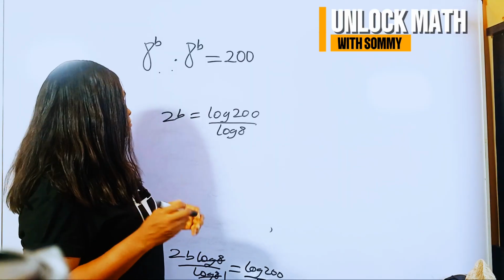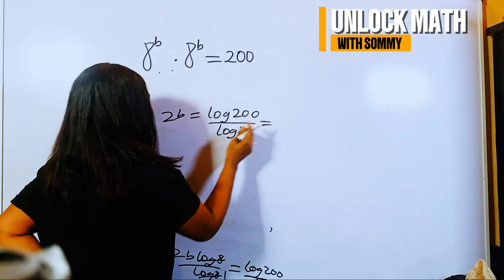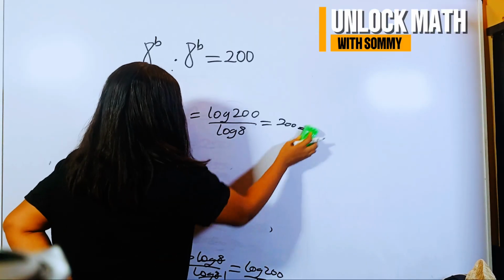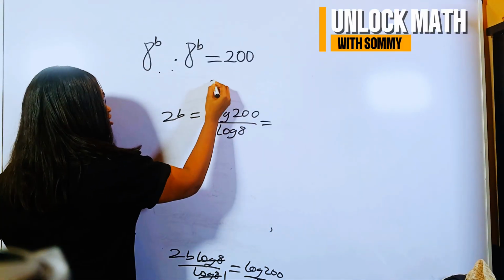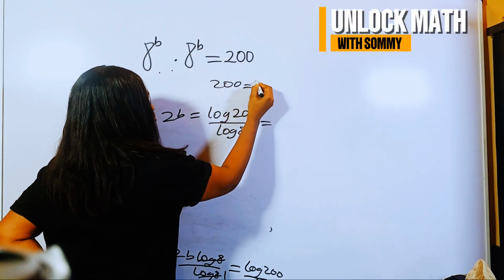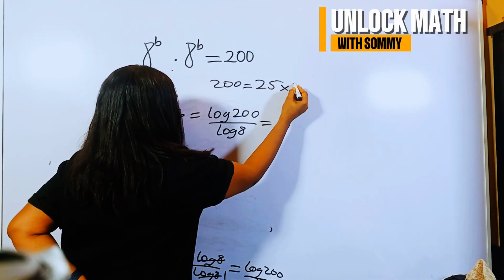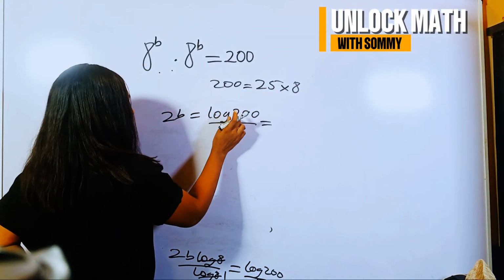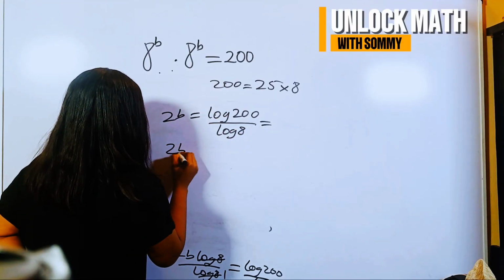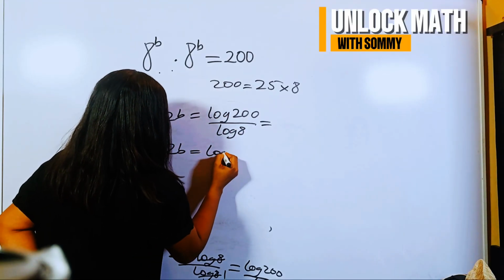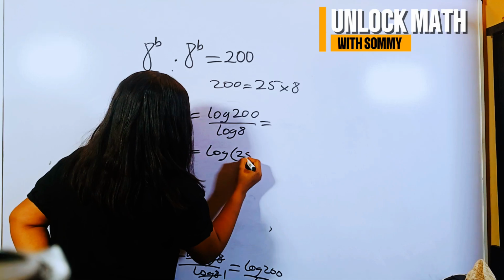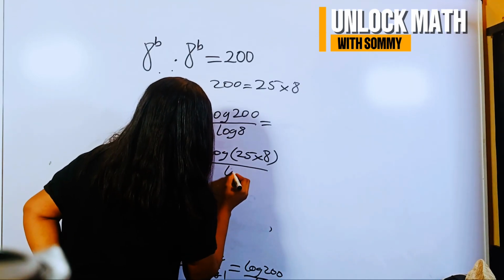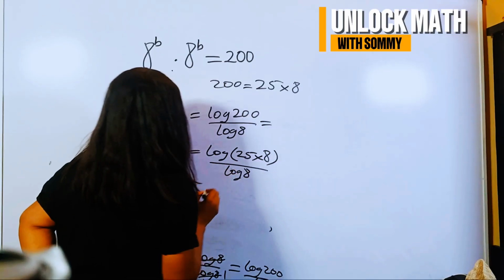Now, remember that we can express 200 as 25 multiplied by 8, right? Therefore, if we apply this here, we now have 2b equals log of 25 multiplied by 8, all divided by log 8.